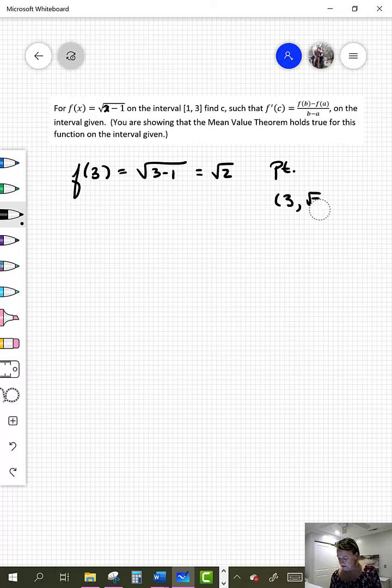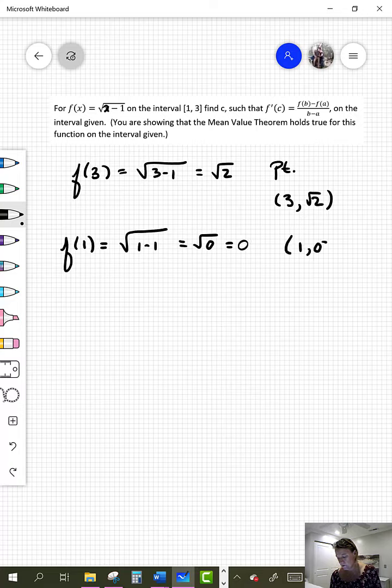And then let's plug in 1. So plugging in 1, wherever we see an x in the original function, we have the square root of 1 minus 1, which is the square root of 0, which is 0. So we also have a point at 1, 0.